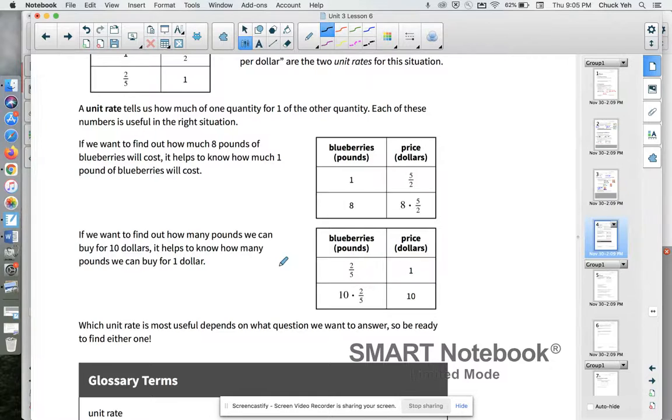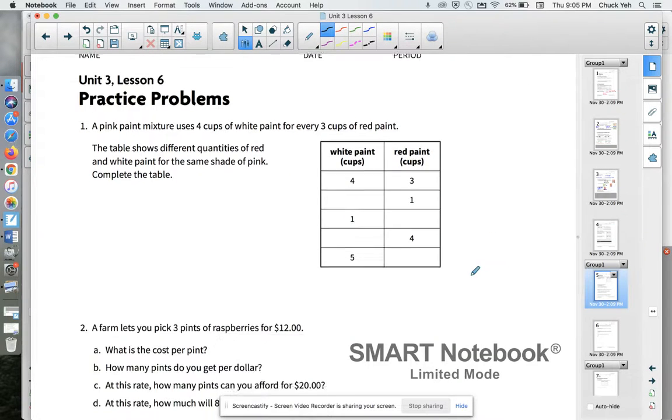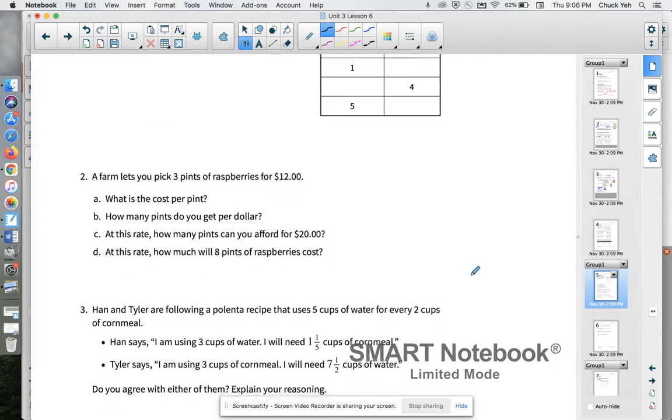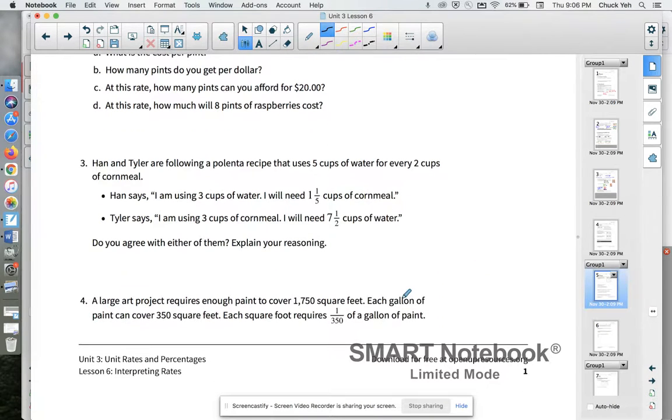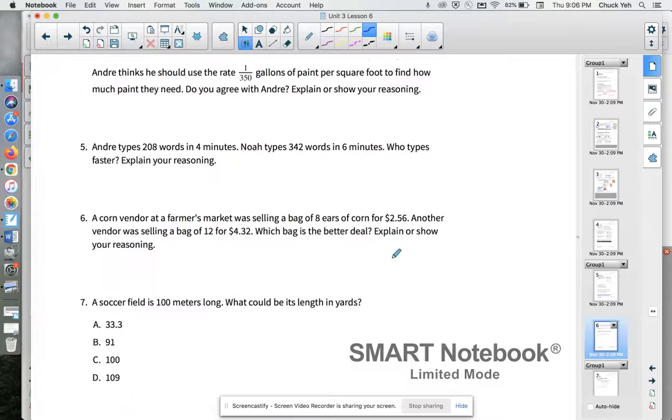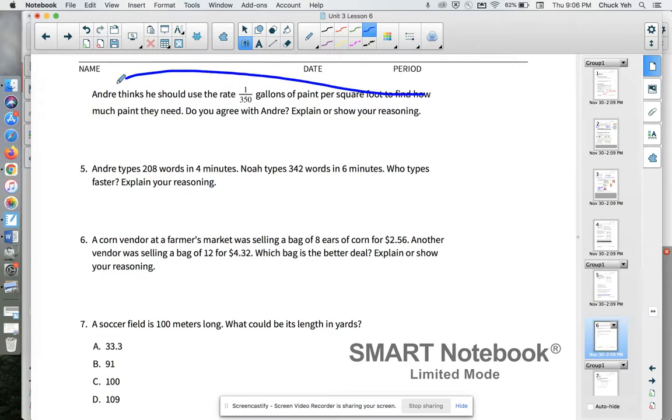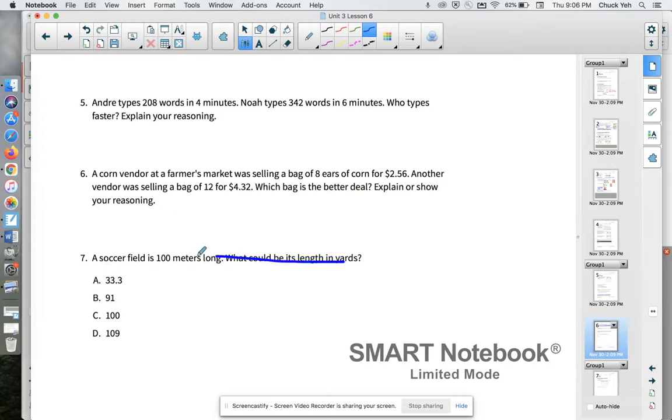When you're done reading that, you have the practice problems to do. You're going to do 1, 2, 3. Skip number 4. Do number 5, number 6, and then skip number 7.